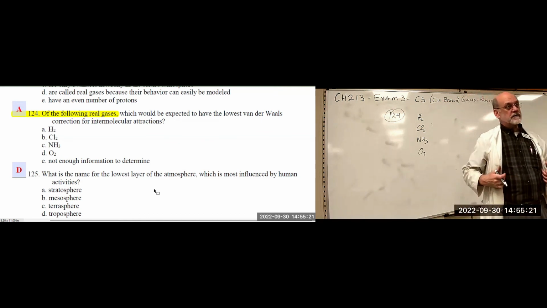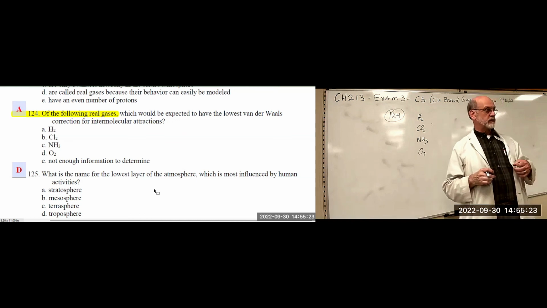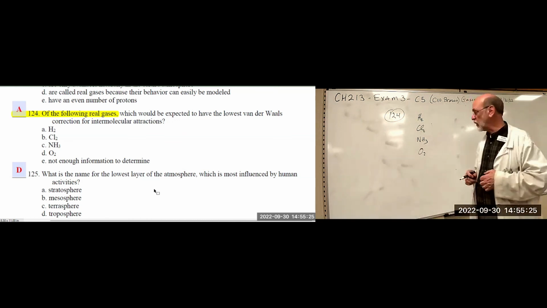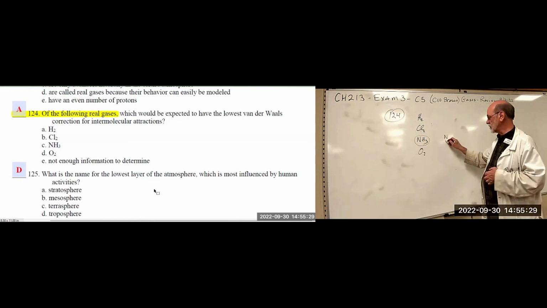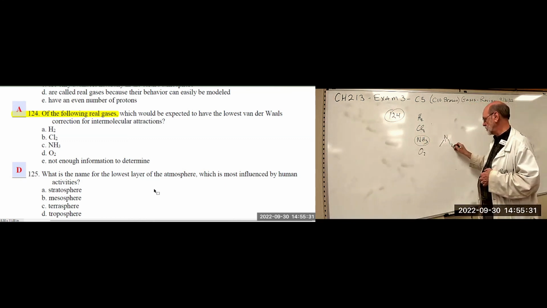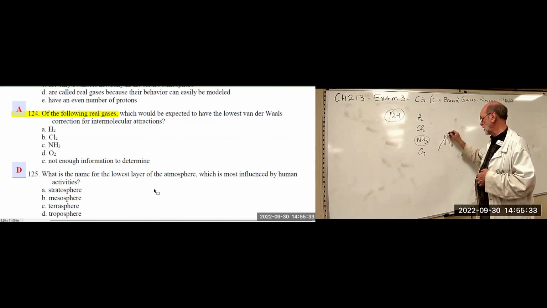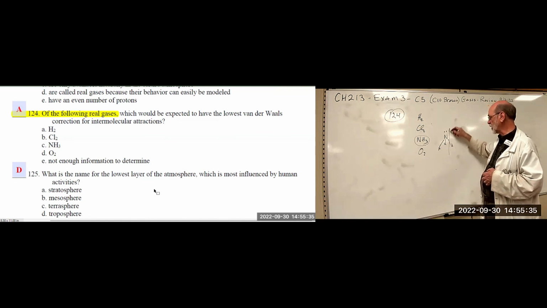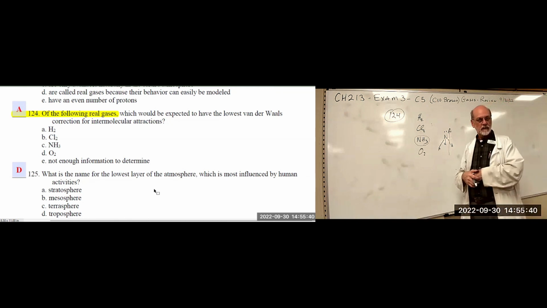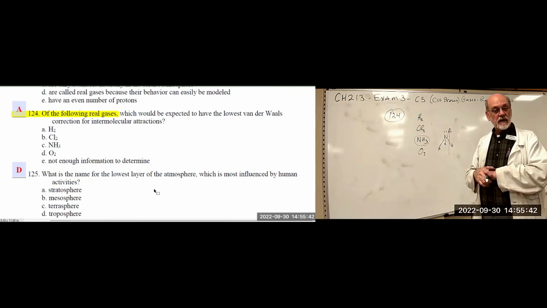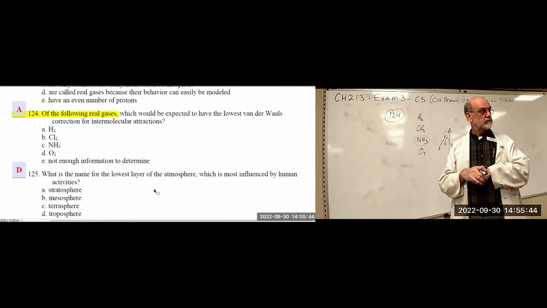Well, first, look for any polar molecules. Which one's polar? That one right there. So it's polar like that, so we can throw that one out. How about the others? Well, the others are nonpolar.